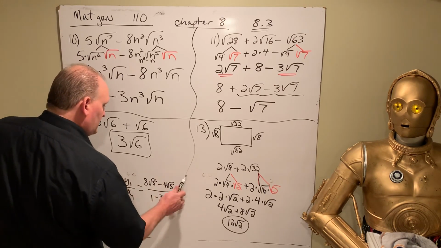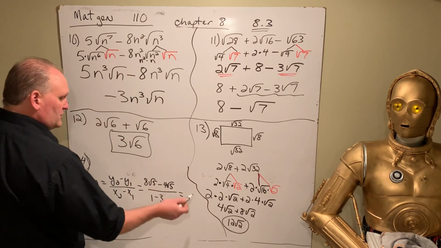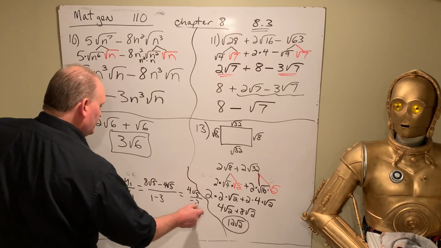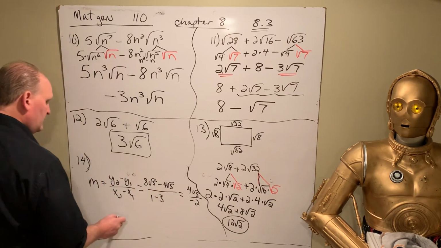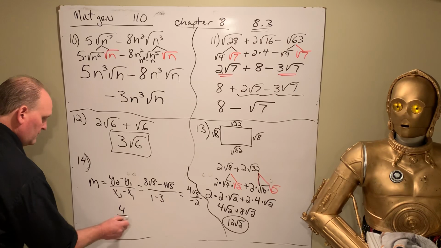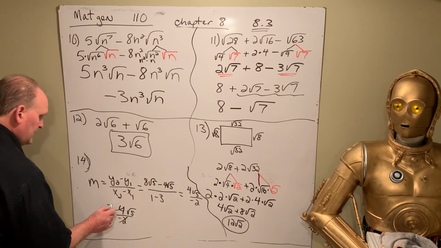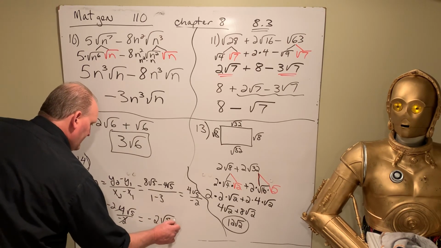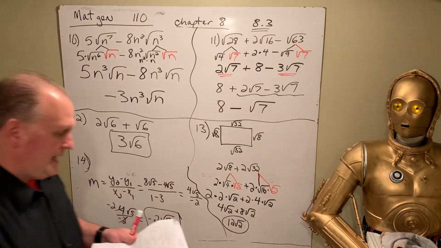So that ends up to be 8 square roots of 5 minus 4 square roots of 5 is 4 square roots of 5 over negative 2. Oh, and then we can reduce it again because look, 4 divided by negative 2 is negative 2. So we get negative 2 square roots of 5. That's our answer for that one. And there's a weird one like that on Connect Math.